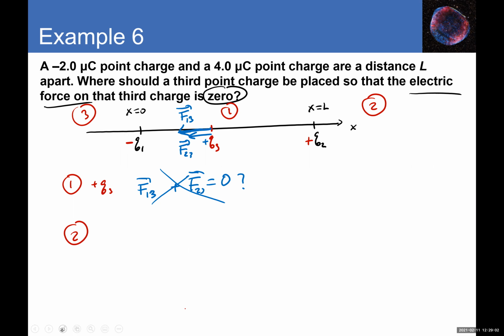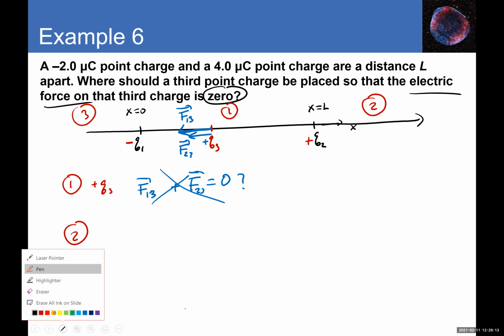All right, so for region 2, then what I have is this. Let's say I put the charge somewhere over here. Let's say this is my Q3. All right, so let's see if this will work. Well, force from Q1, again, remember, my Q3 here is positive, right?